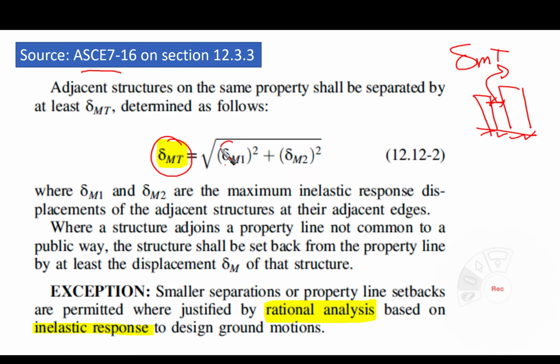So we're going to use two deltas here. Delta MT is going to be the square root of the sum of the squares. Delta M1 and delta M2 are the maximum inelastic response displacements of the adjacent structures at their adjacent edges. We're talking about adjacent edges, of course. That's an important issue. Now the question is why we use this. What is the rationale of this?